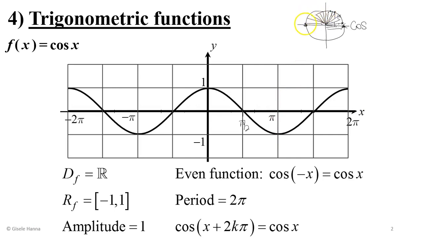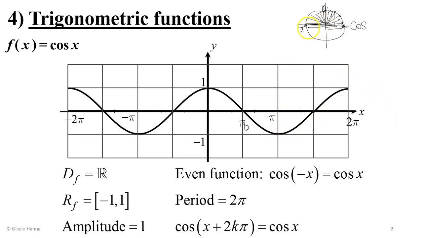Don't forget, from pi over 2 to pi, cosine is negative in this quadrant. This is why the curve is below the x-axis, and at pi over 2 it's 0, and at pi it's -1, and so on.